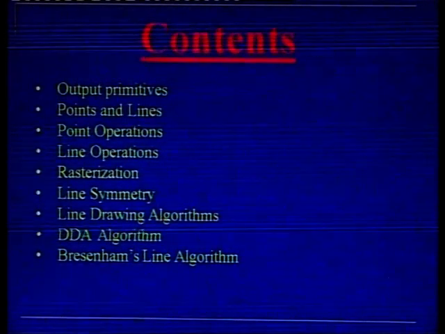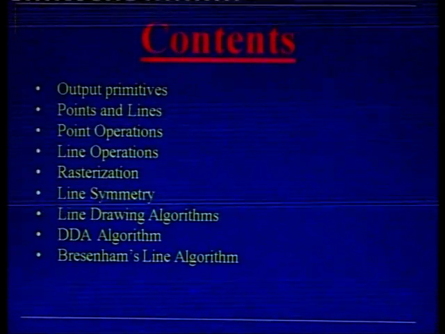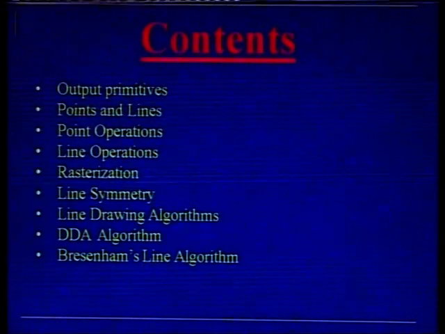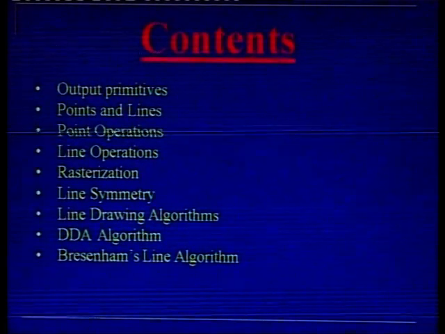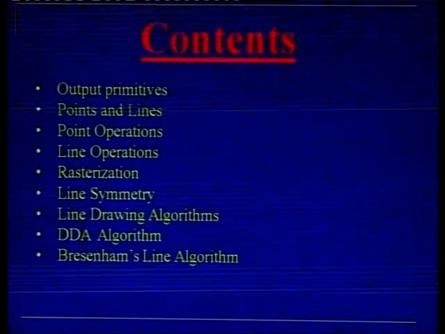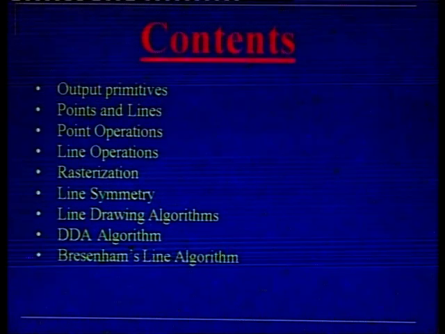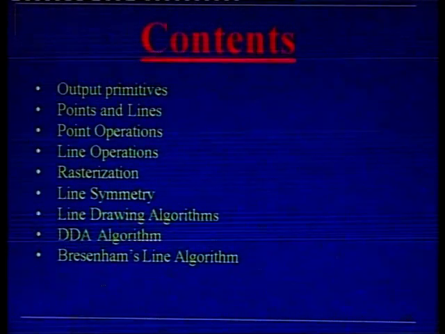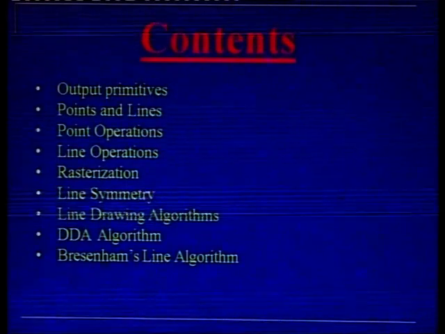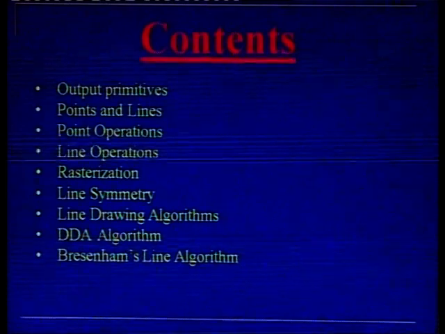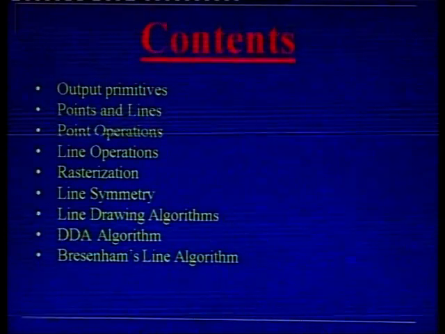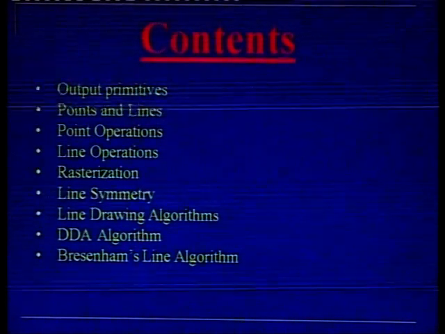First of all, I will tell you what output primitives are. These are the basic geometric structures which we can use to describe a scene. When a scene is described in the form of geometric structures, they are called output primitives, so that we can see the overall image on the screen of an output device like your monitor.